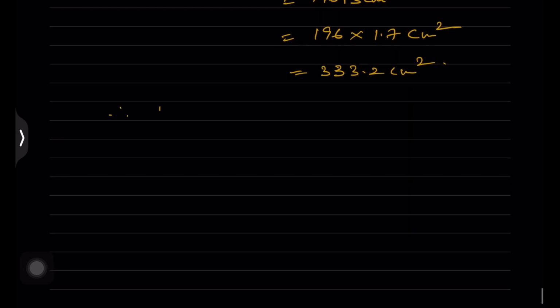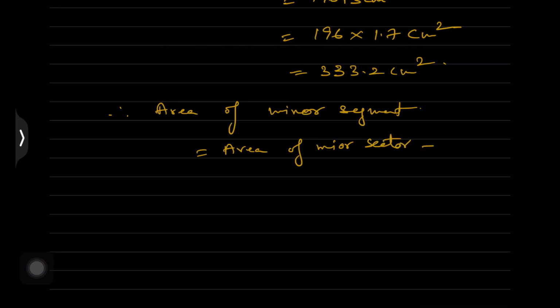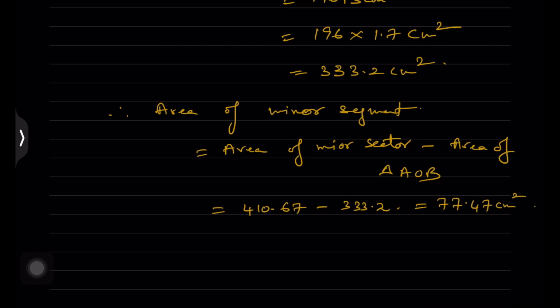Now therefore area of minor segment is equal to area of minor sector minus area of triangle AOB, which is equal to 410.67 minus 333.2, which is equal to 77.47 centimeter square.